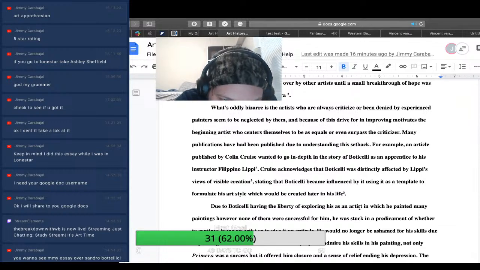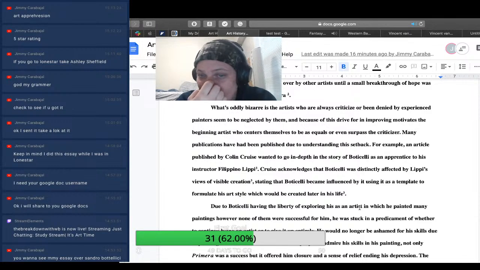I think I'm saying that wrong. We'll just say Lippi. Cruz acknowledges that Botticelli was distinctly affected by Lippi's views of visible creation, stating that Botticelli became influenced by it, using it as a template to formulate his art style, which would be created later in his life.